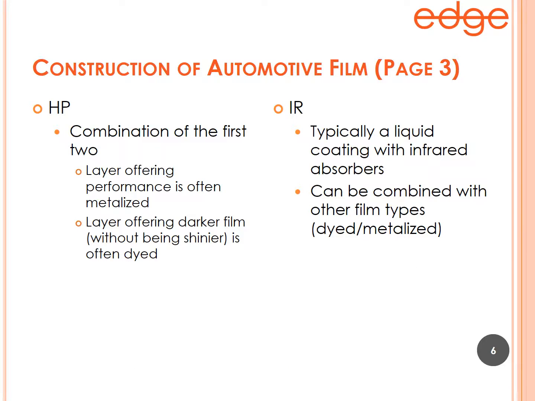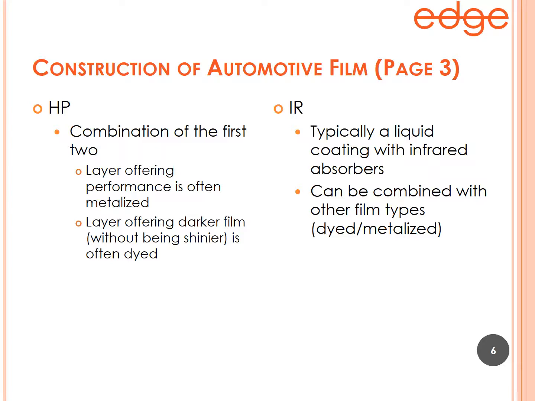So with those first two considered, the dyed or colored films and the metallized or true ceramic films, what about the last two, HP and IR? We mentioned HP is an abbreviation for high performance or high performing. It's an abbreviation used throughout the window film industry, and it almost always refers to a film construction that combines the first two. It combines a dyed or colored film with a metallized film.